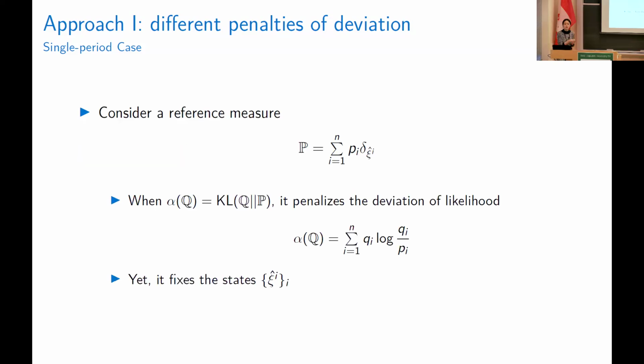If, following what theory tells us, we simply replace the penalty function alpha with the KL divergence between Q and P, then the corresponding Q we consider in this scenario will only penalize the deviation of the likelihood between q_i and p_i, right? So basically, the corresponding Q we consider here fixes the realizations at xi hat i, but only changes the weight, or the likelihood, we assign to each of the data points, right?